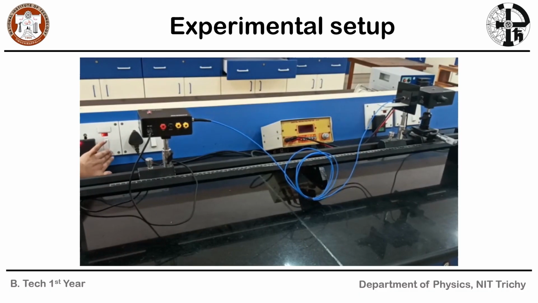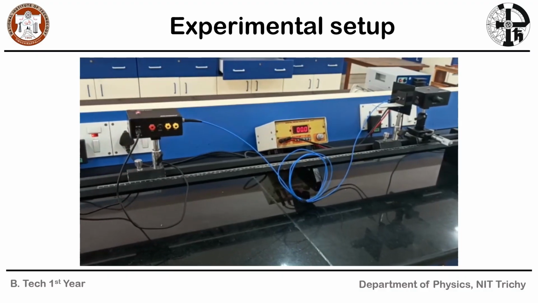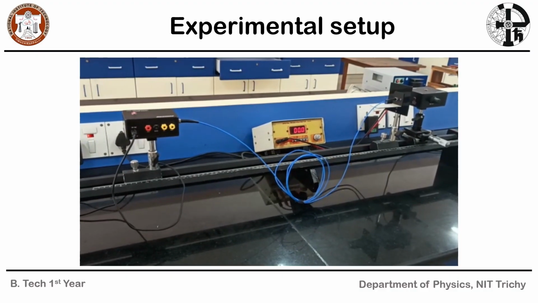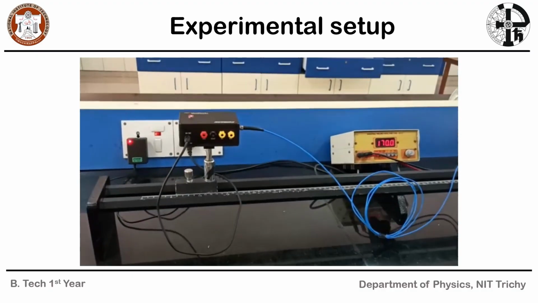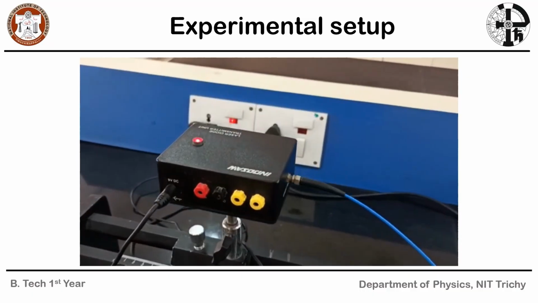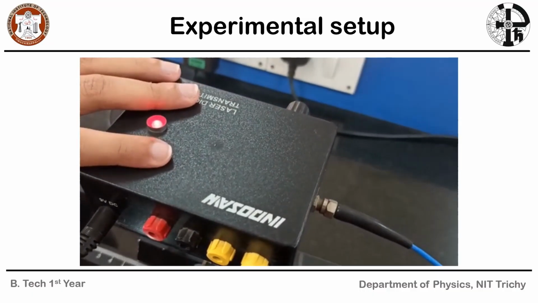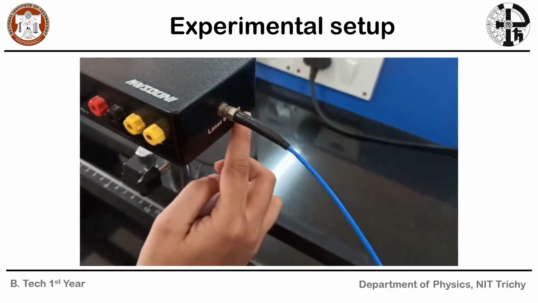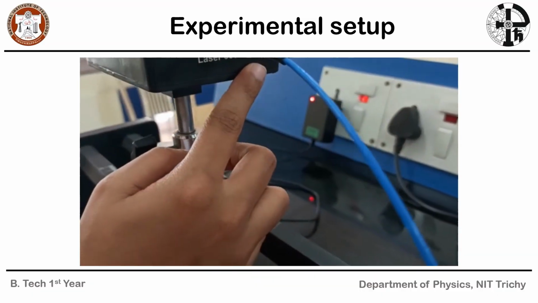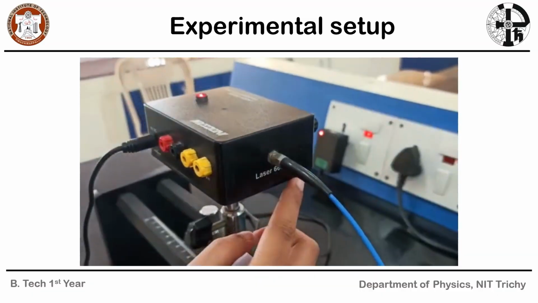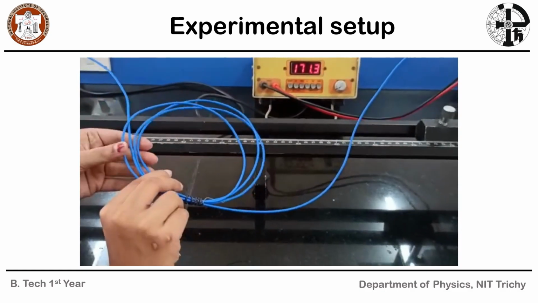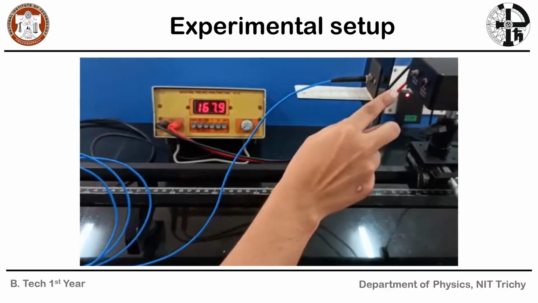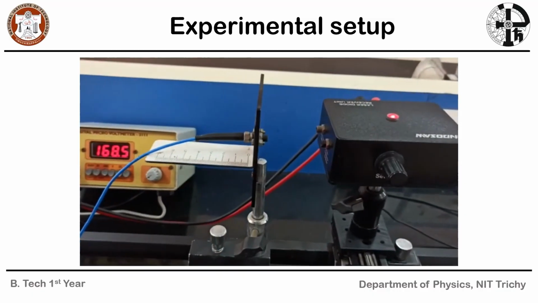The laser source, photodetector, and digital microvoltmeter can be switched on by using the switches. This is the laser source, which is 660 nanometers in wavelength. And the laser is passing through this optical fiber and will reach this end.